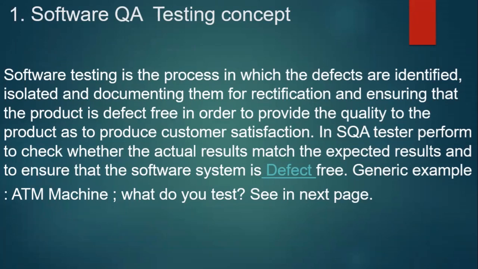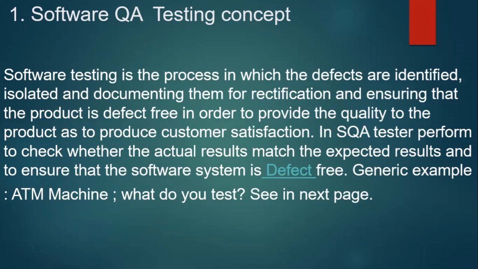But let's understand what software testing is. What does software testing mean? Software testing is the process in which defects are identified, isolated, and documented for rectification, ensuring that the product is defect free in order to provide quality to the product and produce customer satisfaction.